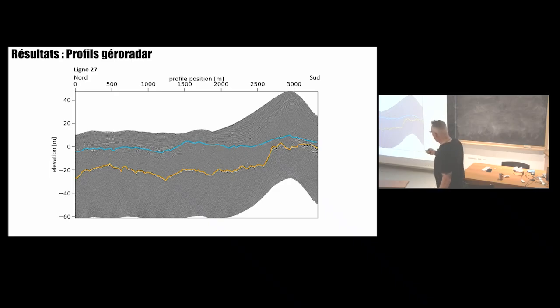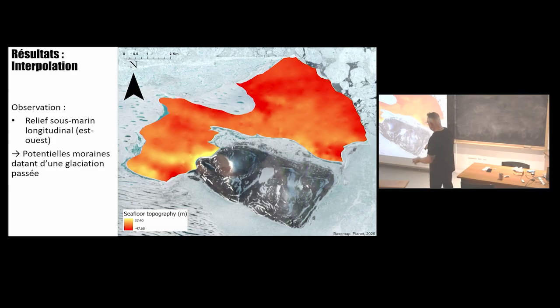So we have freshwater ice and seawater ice here. And then we have the sea bottom, and then the limit between seawater ice and freshwater ice. These are interpolated profiles of the topography under the ice shelf and ice rise, and it's not equal.